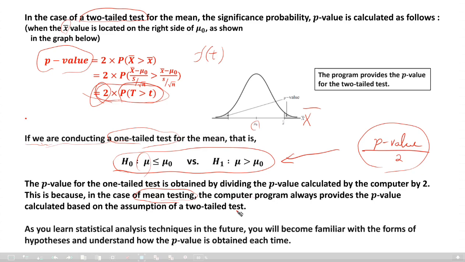So computer program is just programmed to set your problem as two-tail test, especially in the case of a population mean test. As you learn statistical analysis techniques in the future, not now, I think, you will become familiar with the forms of hypothesis and understand how p-value is obtained in each case.